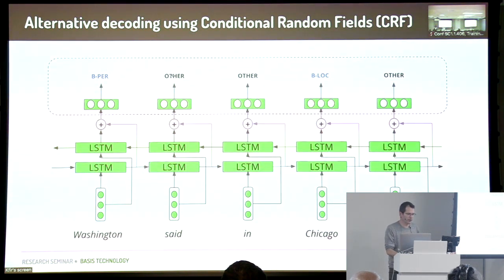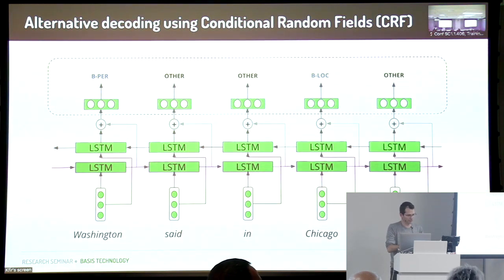But when we want to predict the label of the next word, we don't take into account the label that was predicted here. We do this independently, and that seems wrong because there are some very specific rules that we want to follow. For example, the label I pair can only happen after B pair. That's by definition, and we don't enforce this rule here.